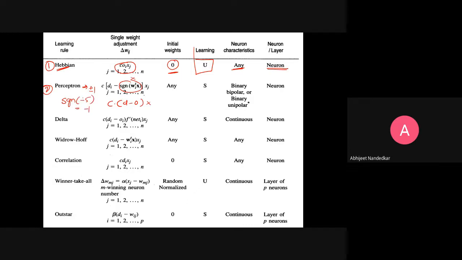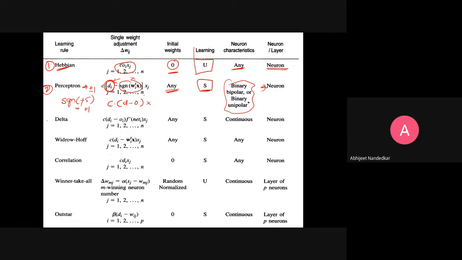If I write +5, then it will be +1. Here you can have any randomly assumed weight, so there is no restriction. This is a supervised learning rule because D is coming into the picture. Whenever you supply a desired response, the rule becomes supervised. It is again applicable to a neuron. You can use binary bipolar or binary unipolar, which is allowed here.